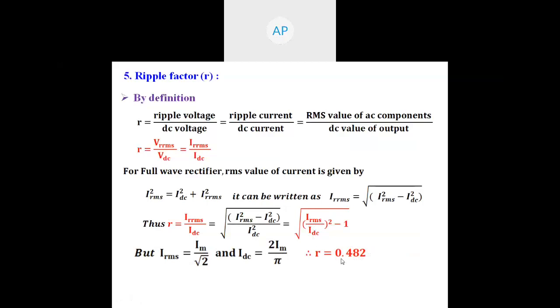What is it for the half wave rectifier? For the half wave rectifier, the ripple factor is 1.21, whereas for the full wave rectifier, it is 0.48. So the ripple factor for the full wave rectifier is drastically improved.